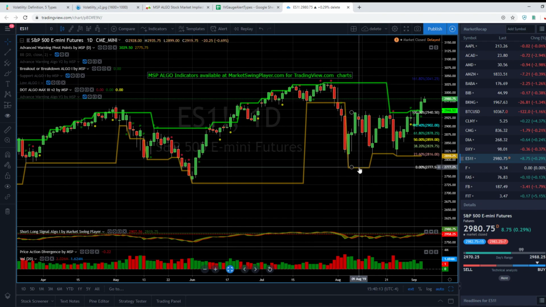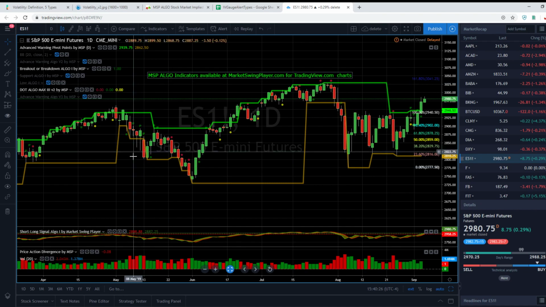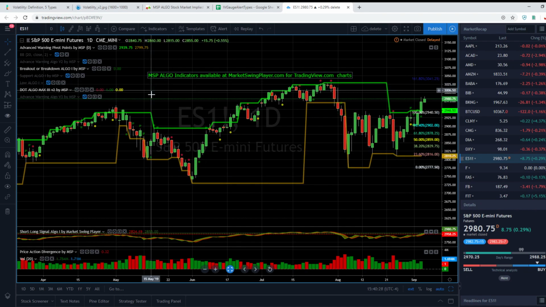Okay, so that is what volatility is, and in essence it means it's not really trending. In this scenario we could see that it is whiplashing between the ranges of 3,000 to 2,700, which is the futures.